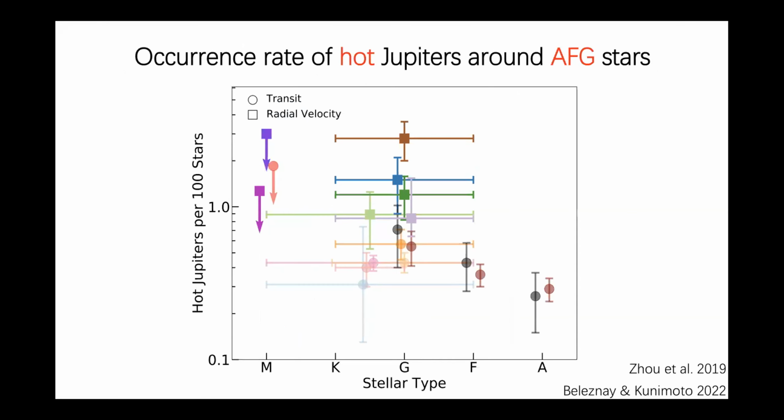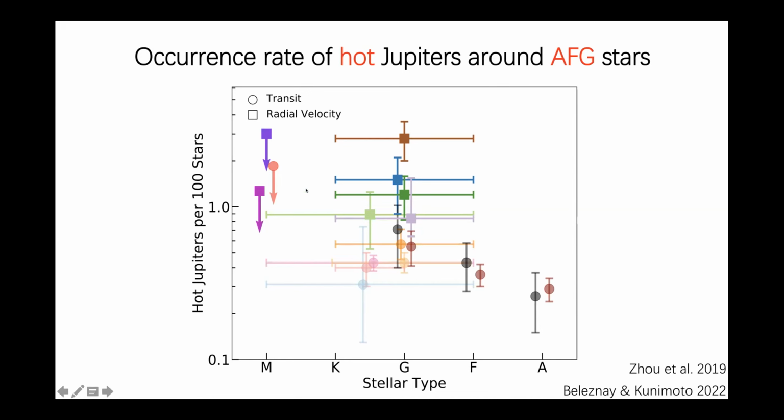In addition, as a homogeneous survey, TESS also gives us a chance to look into the planet occurrence rate, especially hot Jupiters. Here I'm showing the hot Jupiter occurrence rate as a function of the stellar type. Different colors in this plot represent results from different works.